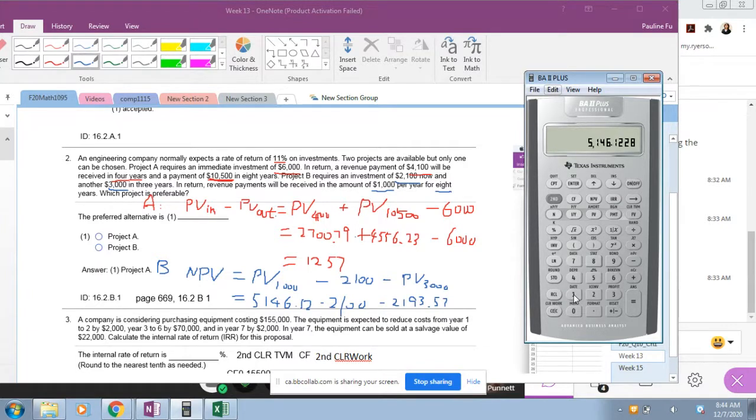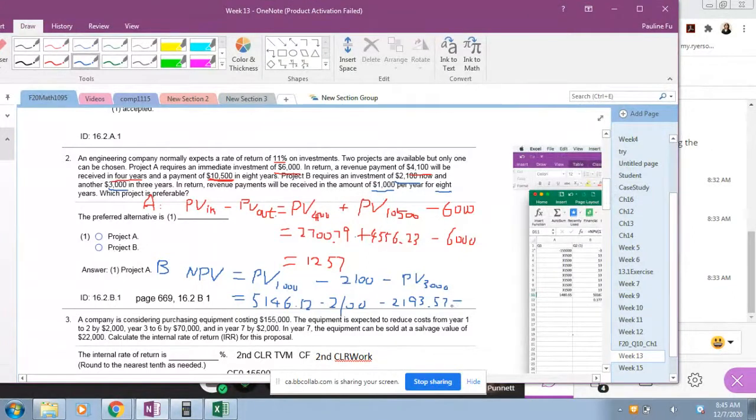This number minus 21,000, then minus 1, 2, 3. It is 852. So I calculated the net present value.